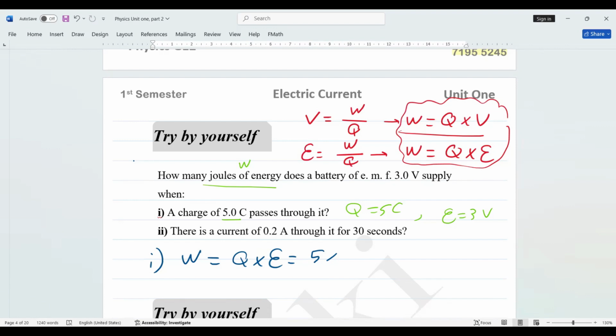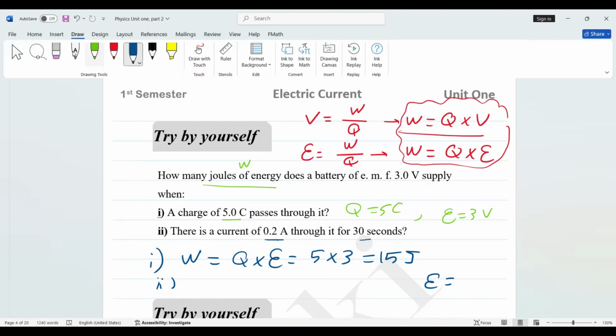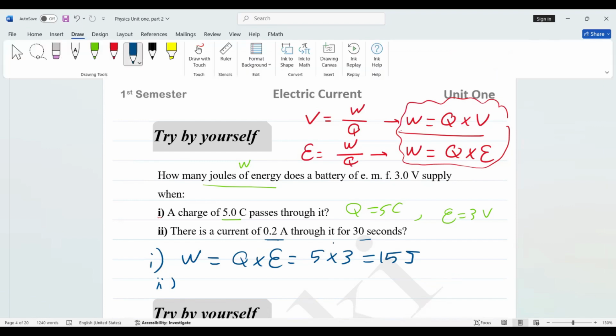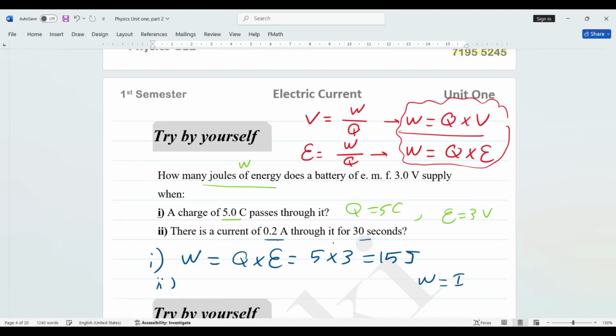Part 2, there is a current of 0.2 ampere for 30 seconds. Now, the energy transferred W equals I times T times V. Here we can say EMF or V, it is the same.